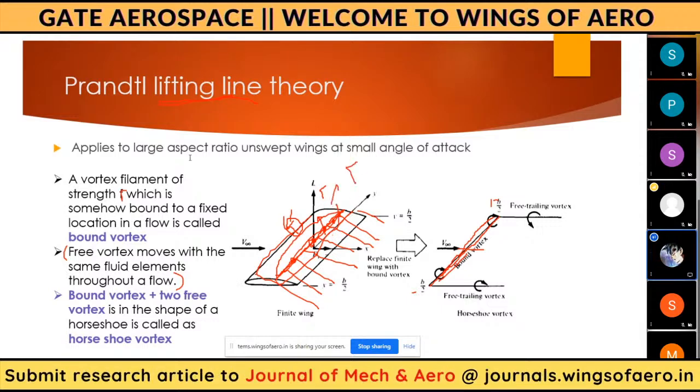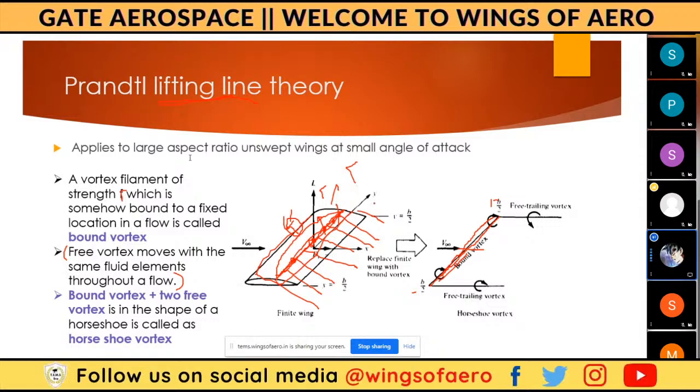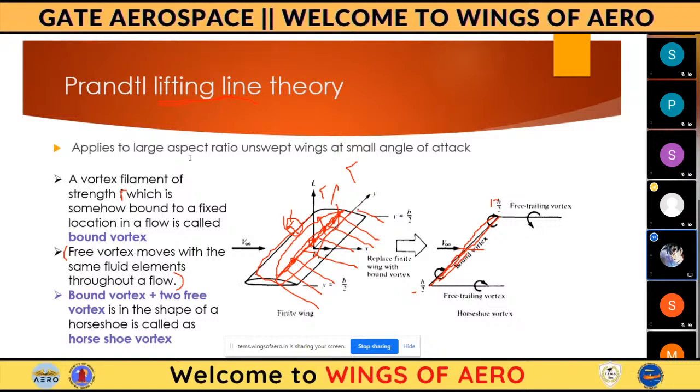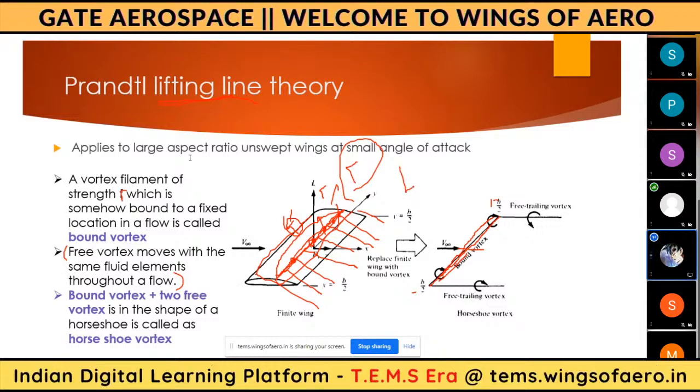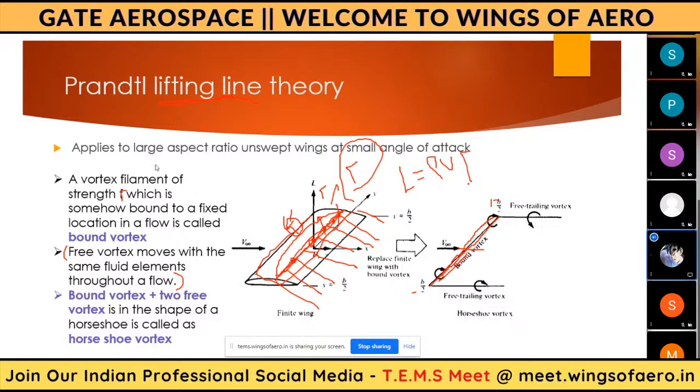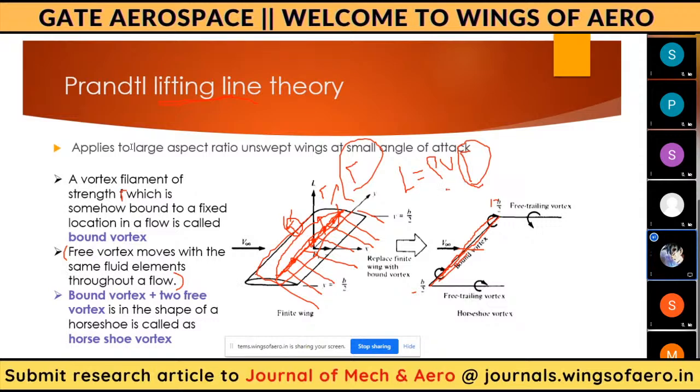So each bound horseshoe vortex has one vortex strength, that is gamma. Because of this vortex strength, we get lift, that is L equal to rho V gamma. So first we need to find the gamma value. After finding the gamma value, we can directly find the lift value.